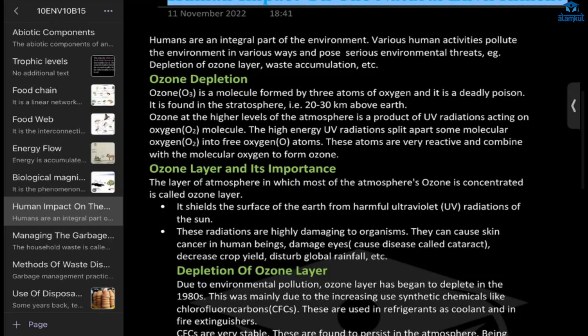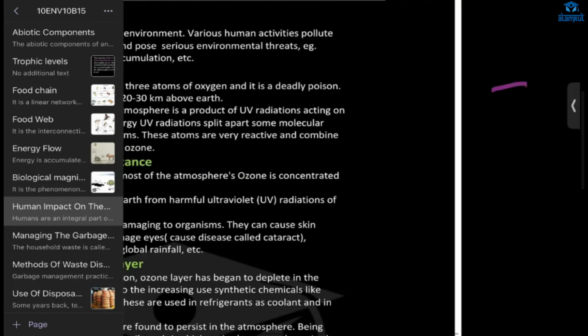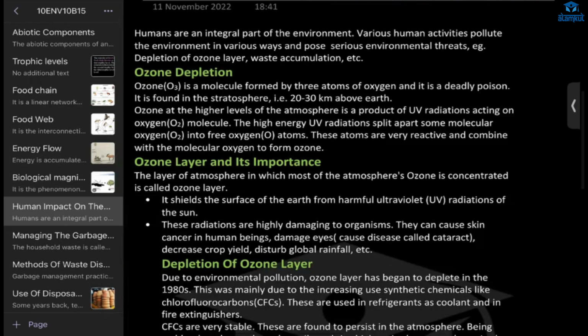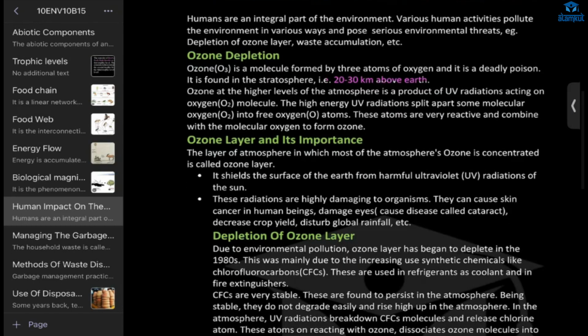What is the ozone layer? In our atmosphere there are many different layers. Between the troposphere and the stratosphere there is the ozone layer, at least 10 to 20 to 30 kilometers above the earth. This ozone is a deadly poison.